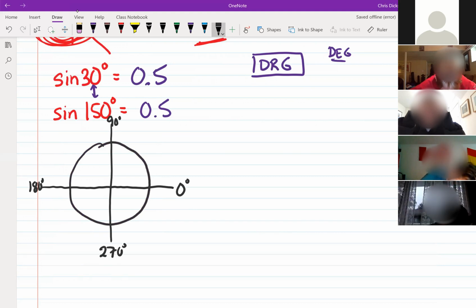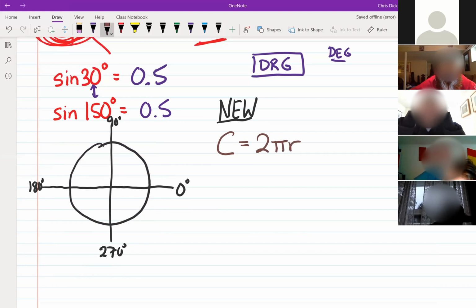Okay, so now we're going to do something that should be very new for people. You probably haven't done this before, unless you've been reading ahead or something. And what I want you to think about is back in grade 9, your teacher would have taught you this formula: C equals 2 pi r. So C is equal to 2 pi r. So what does the C stand for in that?